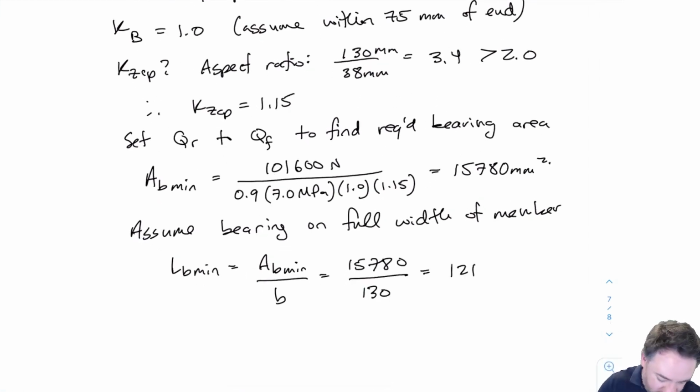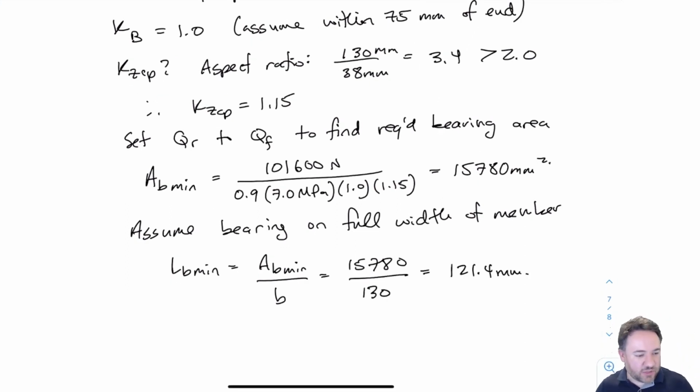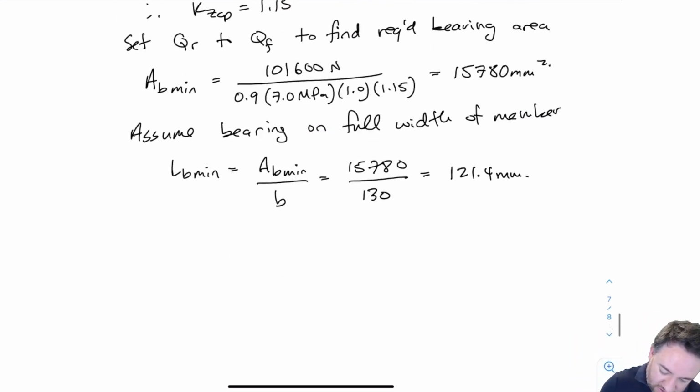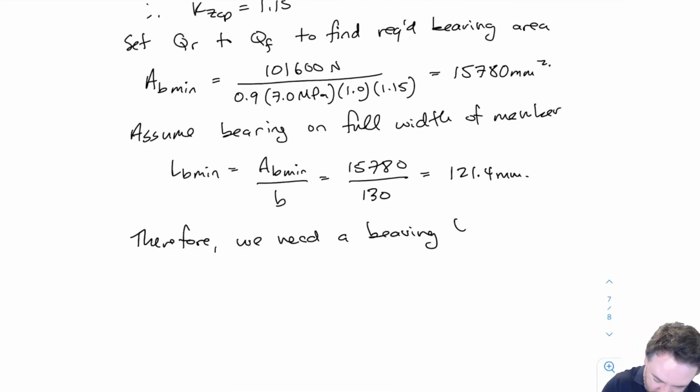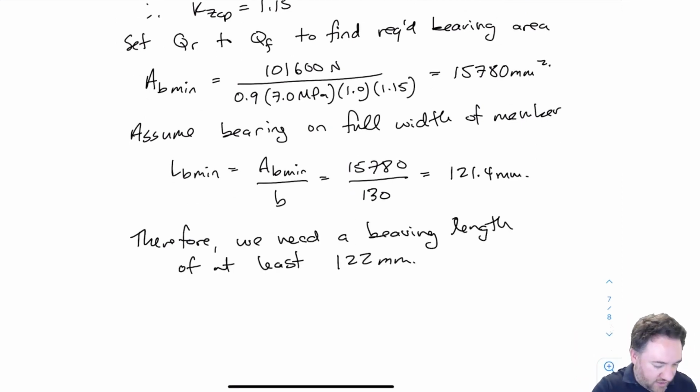And I get 121.4 millimeters. Well, too many figs again. So 121 millimeters. So that means the length of my bearing has to be at least 121 millimeters, which is 5 inches. So that's pretty big. Okay, so therefore we need a bearing length of at least 122 millimeters.